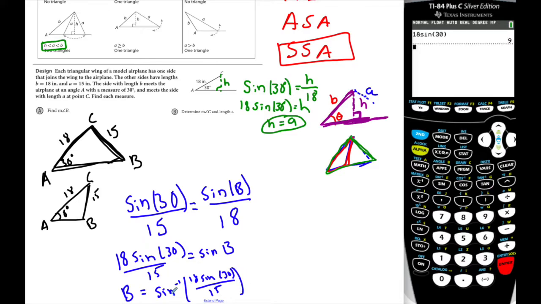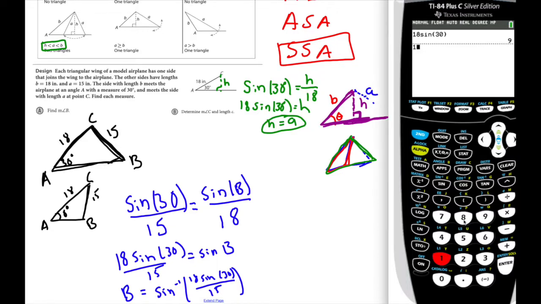You would either type inverse sine of this into Wolfram, or you would type it into your calculator. So 18, clear that out. Second sine for sine inverse, 18 times the sine of 30 over 15.